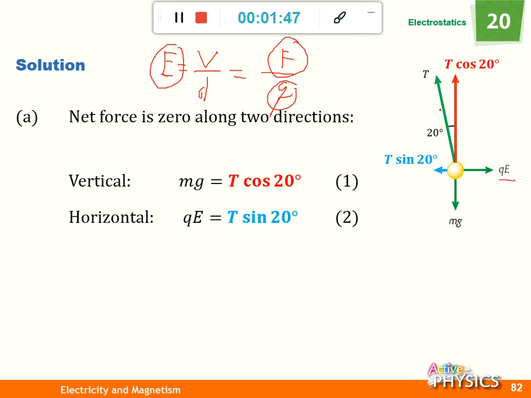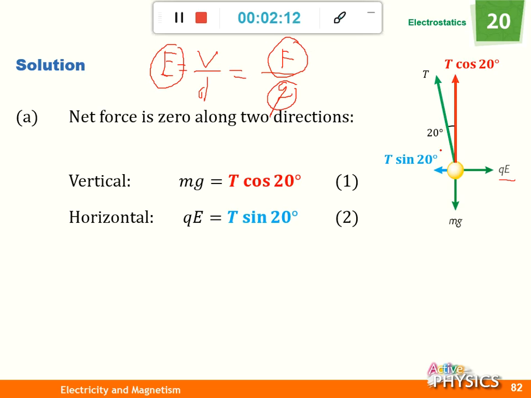And also because the string is inclined at a certain angle, we can resolve the component of it. Once again, in mechanics, you should find out the largest force. In this case, the largest force should be tension T. Tension T has two functions. One is the vertical component to balance the weight.